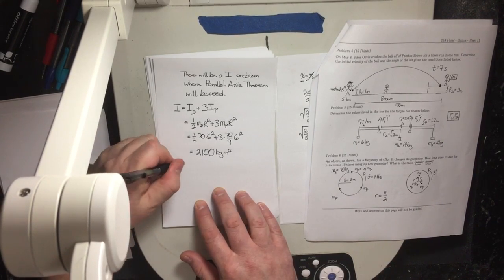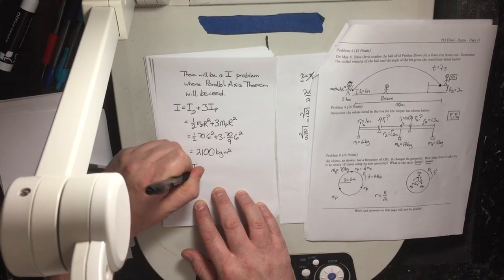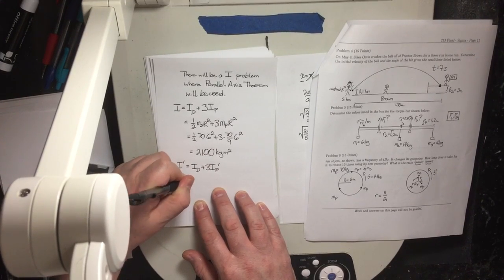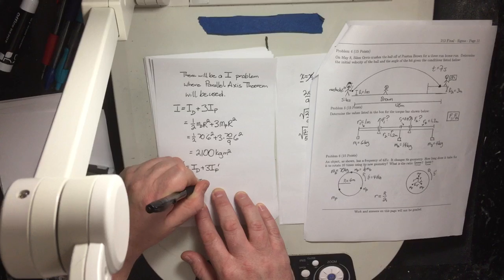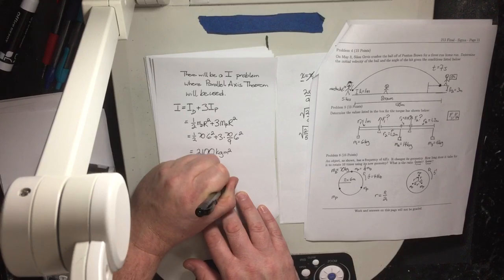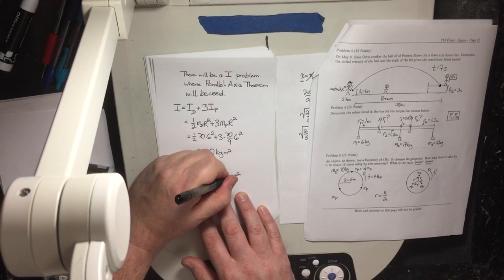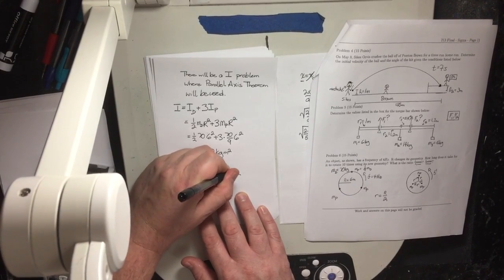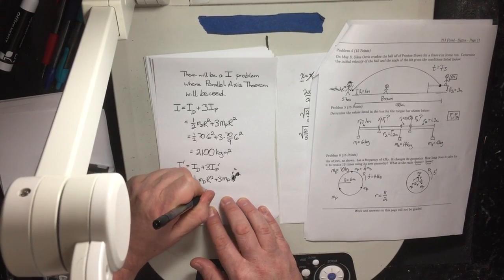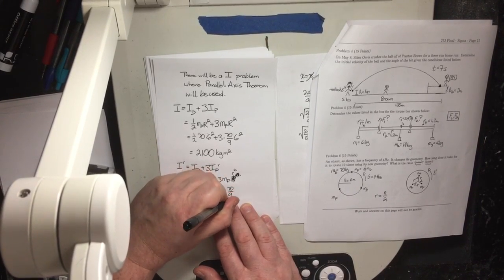Now the moment of inertia after is still the moment of inertia of the disk plus 3 times the new moment of inertia of the point particle. So this is 1/2 mass of the disk, r squared, plus 3 times mass of the point, r prime squared, or really, actually how I used it in the test, little r squared. So this is 1/2 70 6 squared plus 3 70 divided by 9.